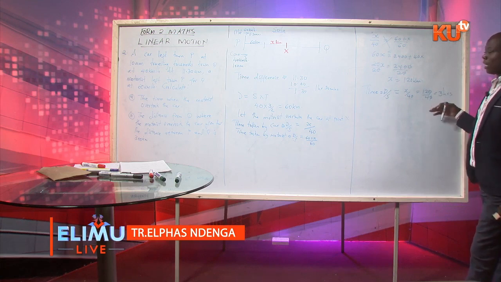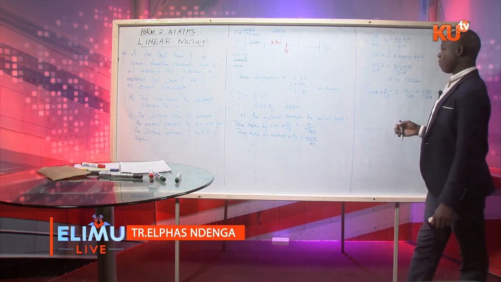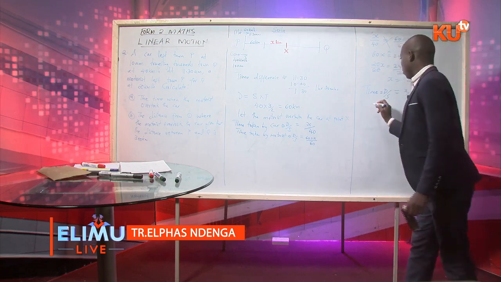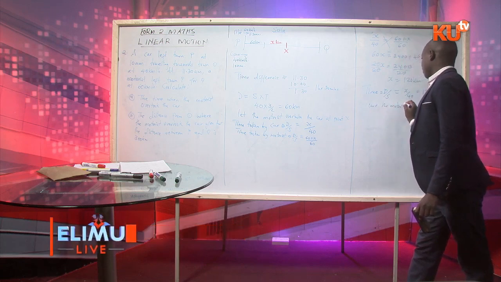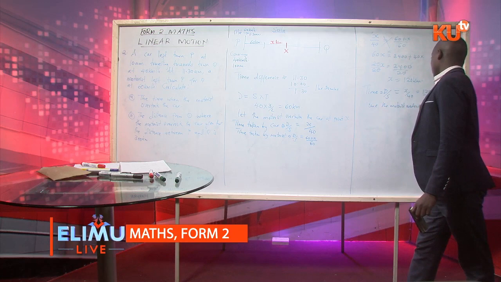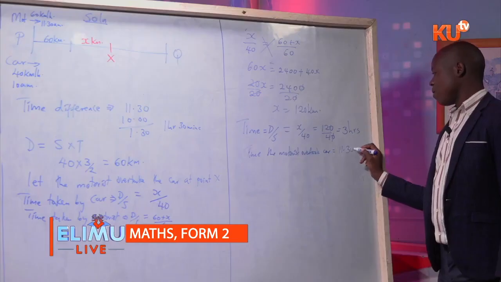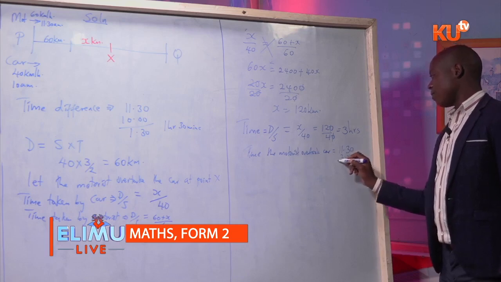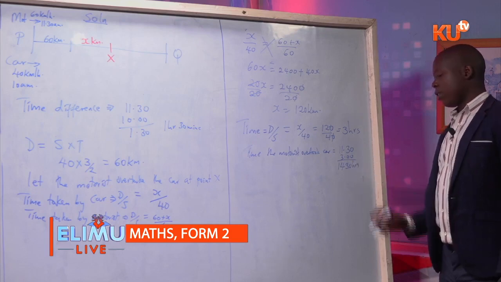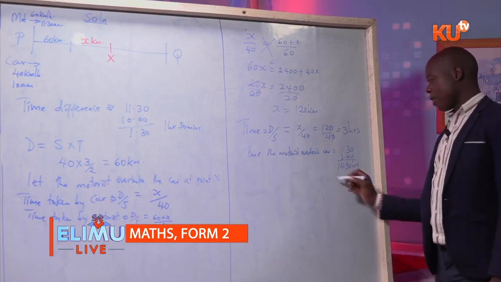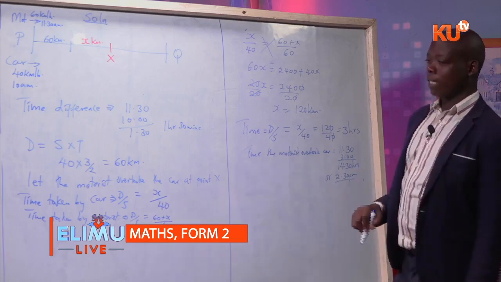But this is simply time taken. So the exact time of the day when the two overtook, the time the motorist overtook the car, will be, we now take 11:30, we add 3 hours, and that gives us 14:30 hours in 24-hour clock system, or you can write it as 2:30 p.m. That is the time.